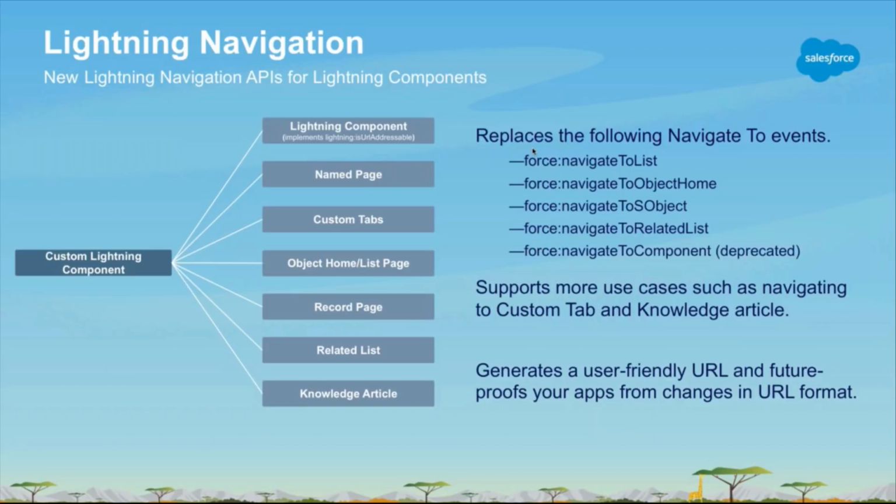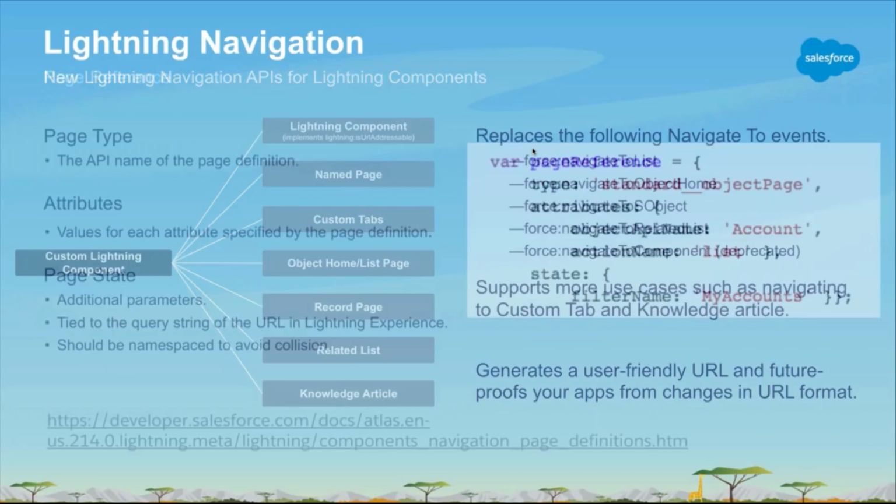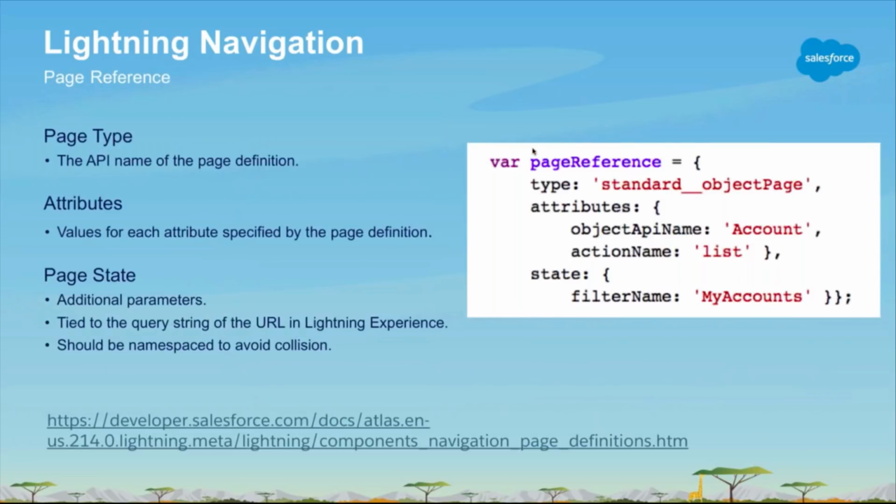This new Lightning navigation model allows me to navigate to custom tabs, knowledge articles, or even directly to a component, provided that I am going to provide the page reference. So I'm going to say, where am I going? What type of page am I going to? What is the object name if I'm going to a standard page, for example?